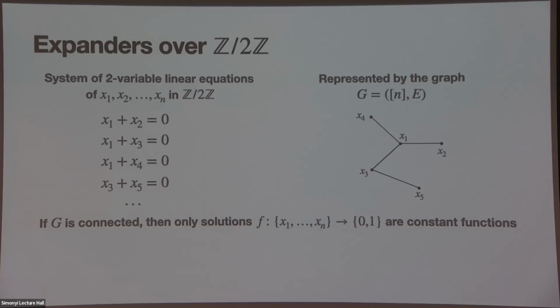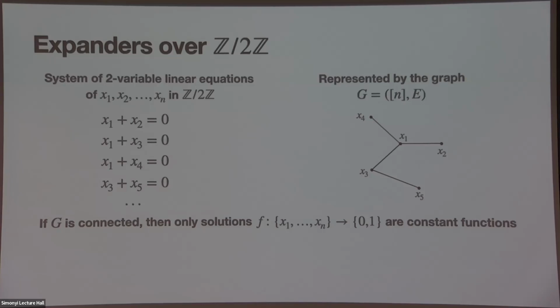So very simple. And this system of equations can also be represented by a graph where the vertices correspond to variables and an edge corresponds to these two variables having an equation. So we can see that xi plus xj equal to 0 translates to the two endpoints of an edge needing to be given the same assignment in the solution to this system of linear equations.